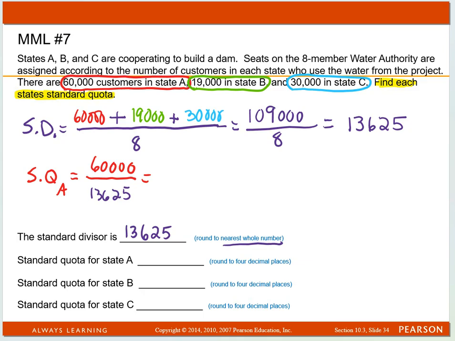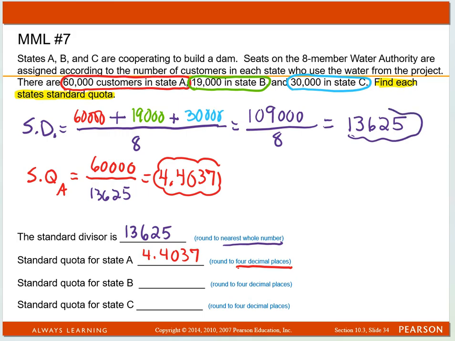And so you grab your handy dandy calculator and you divide, and then you round it to four decimal places. So you should get, and this is between you and your calculator, 4.4037. So that's what goes here, 4.4037. And then this was my first answer.